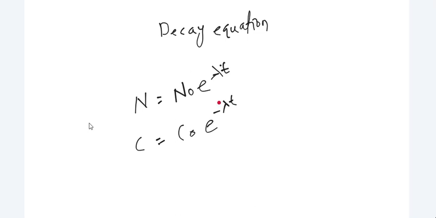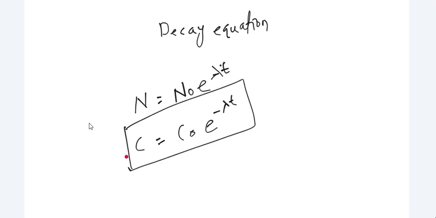So this is the decay equation. Now what happens? We can calculate the original C14 composition, and then we can calculate the age of the organism. And the problem is that we have to calculate the original C14 composition.